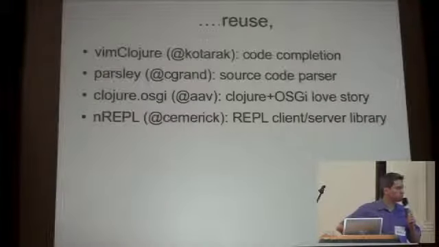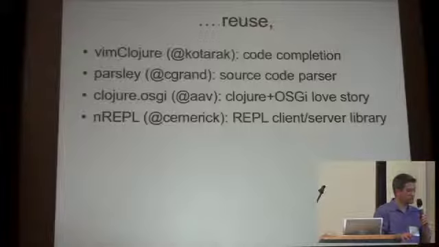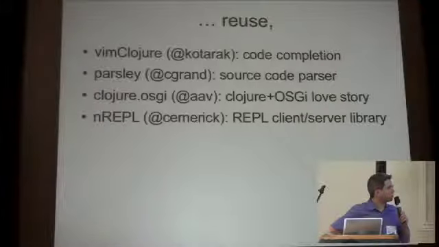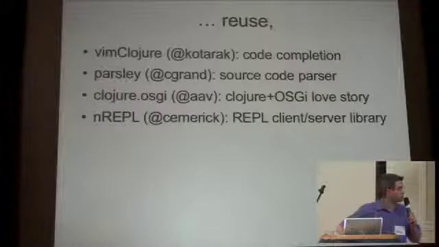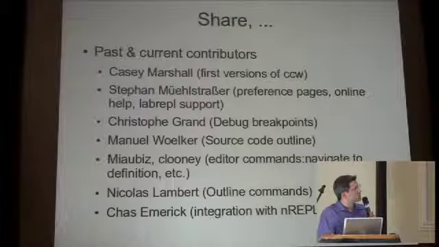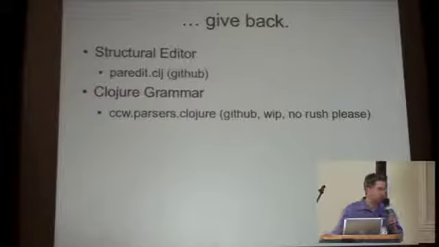And it's really interesting. And I've changed recently the way the dependencies are done within the multiple Counterclockwise plugins by using it, and it's working pretty well. And also the brand new nREPL library, of course. So credits about sharing, about reusing, and also about giving back.